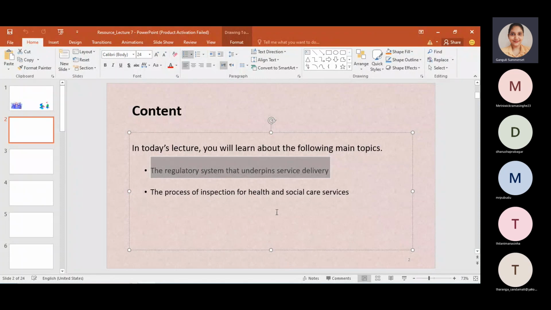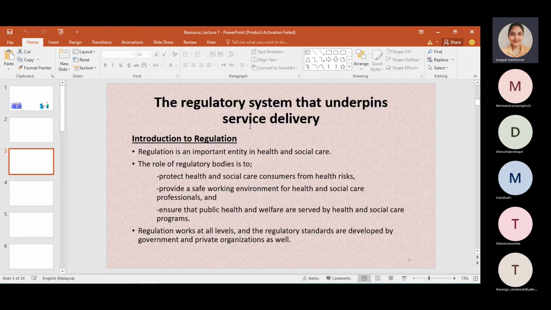In the second main topic, we will learn how inspections are carried out in the field of health and social care services. We will start off with the first topic: the regulatory system that underpins service delivery.